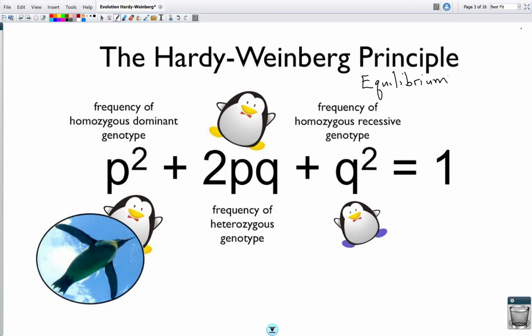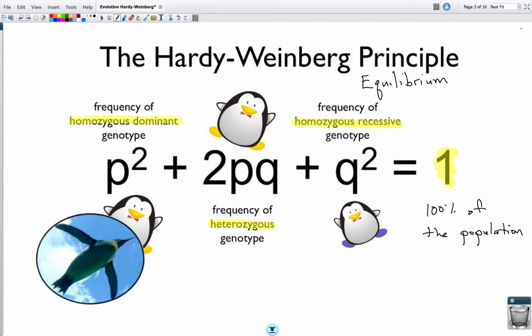Hardy-Weinberg equilibrium refers to the fact that in an ideal situation, a population that is not evolving, a population that is not influenced by outside factors, so in other words, a fictitious population, the number of individuals who are homozygous dominant, added to the number of individuals that are heterozygous, and added to the number of individuals that are homozygous recessive, should always equal 100% of the population, or 1.